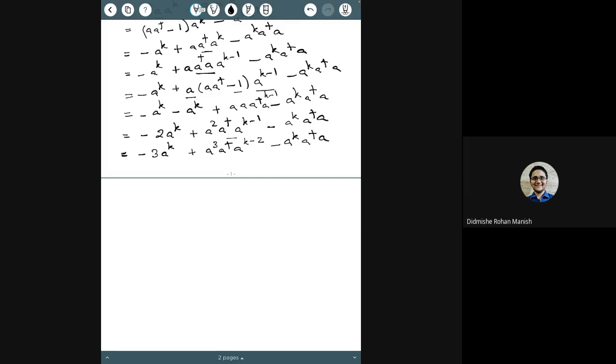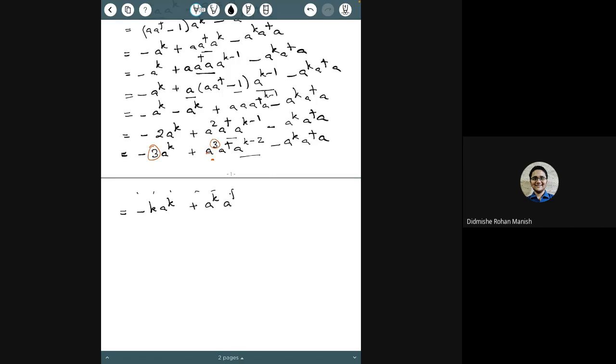Okay. And you can continue like this until you get k a to the power k, which means that the power on this a will become k now. And I will exhaust all the a's from this string of a's in this term.